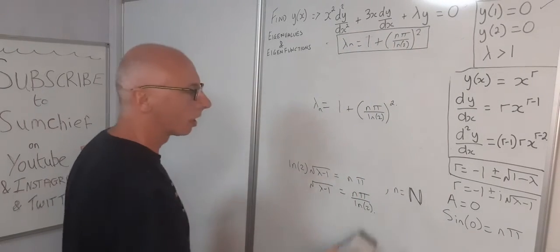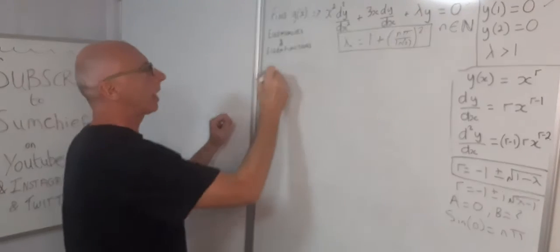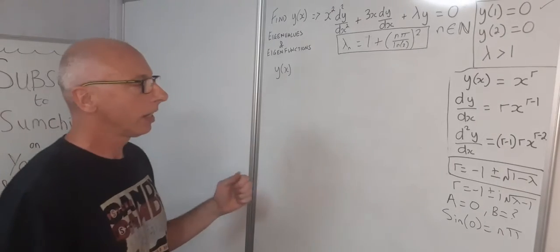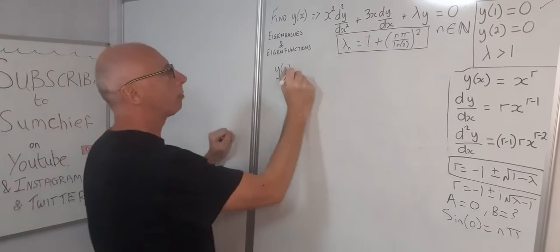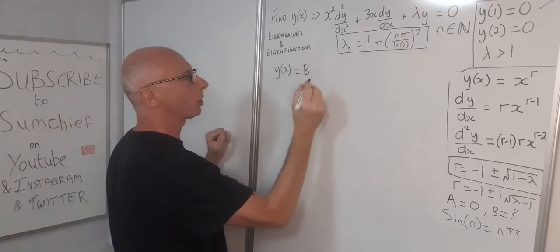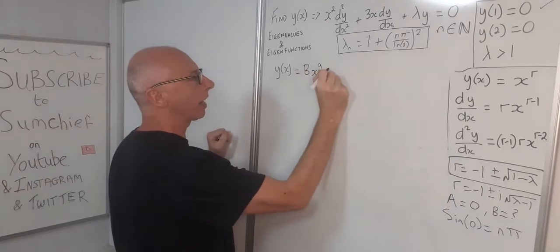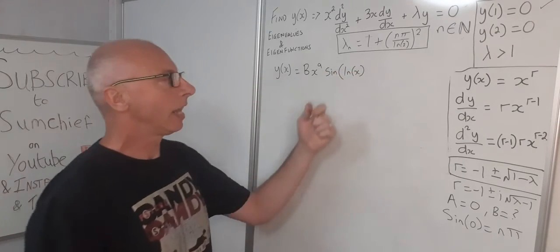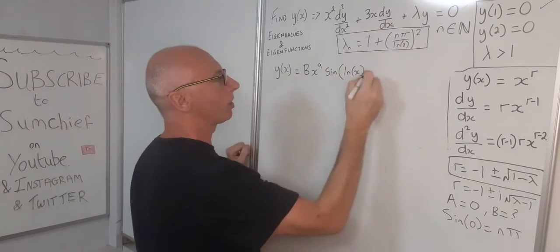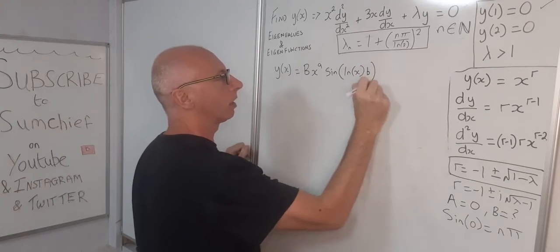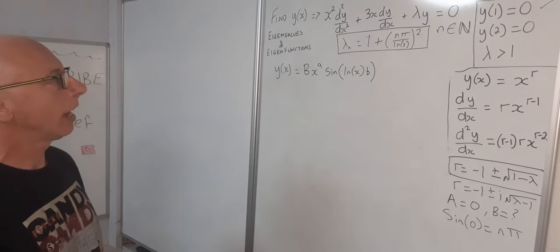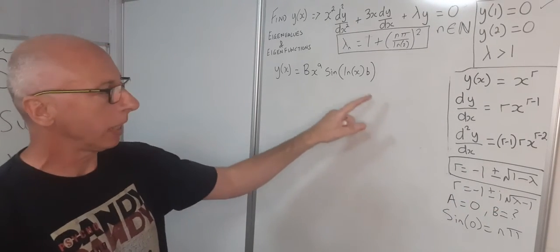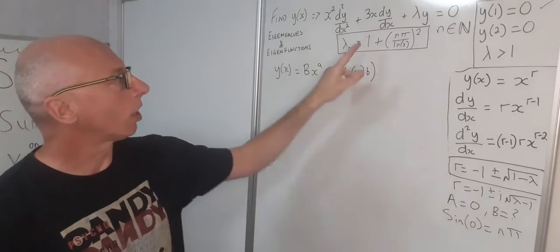Okay, so previously we had for our solution for y of x, now we had a as 0, so if we remember we went straight into our b, which is our constant, x to the power of a, sine of natural log of x, and then multiply that by our b, which is this part here. Now what we need to do is plug in our solution for our a and b, and then plug in our solution for our eigenvalue.